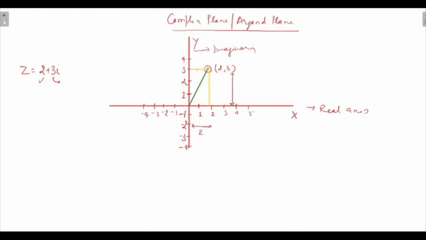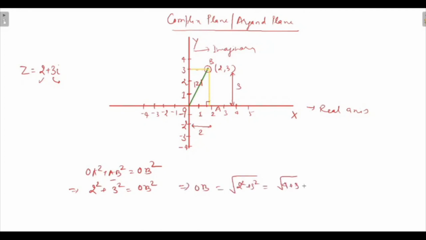So again, using the Pythagoras theorem, this is going to represent modulus of z, and this is going to be A, this is going to be O and B. Then I can say OA square plus AB square is going to be OB square, and OA square is going to be 2 square, and AB square is going to be 3 square. So OB is then going to be square root of 2 square plus 3 square, which is 4 plus 9, which is going to be square root of 13. So this will also be called modulus of z.